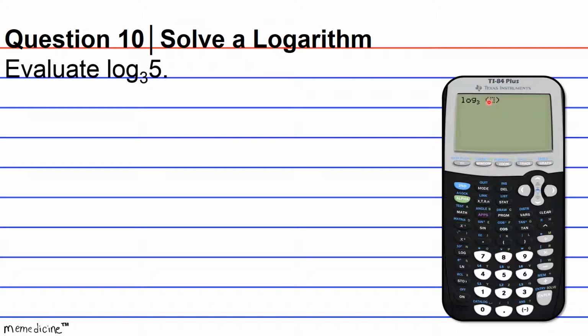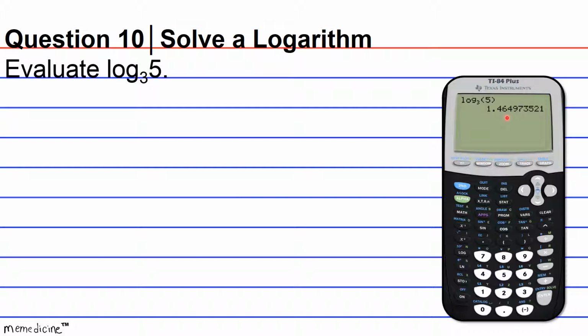Our result specified in this question stem is 5. So you press 5, and then your screen looks like this. You press the right arrow again and enter, and then you get this answer of 1.464.